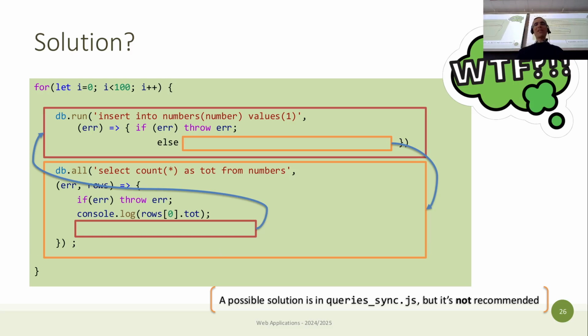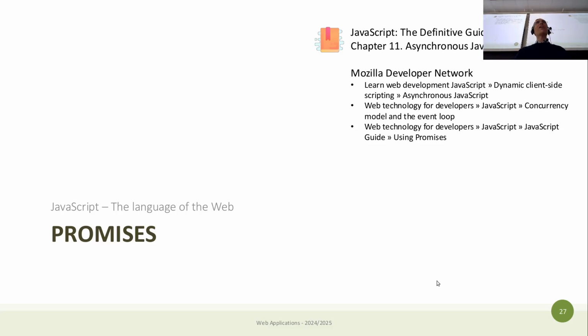There's a solution. I will commit the solution, but it's not recommended. It's really a trick. I will not show it to you here during the lecture because I think it will confuse the ideas. And so this leads us to the concept that we will discuss in detail next time: promises, a way to solve this problem in an elegant way.